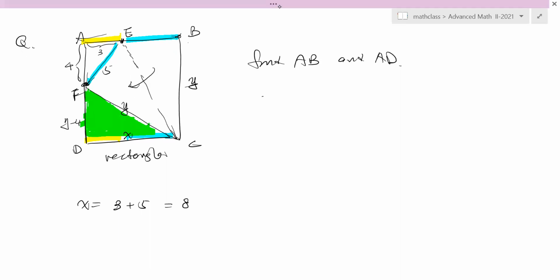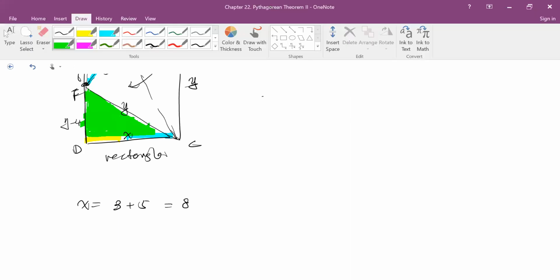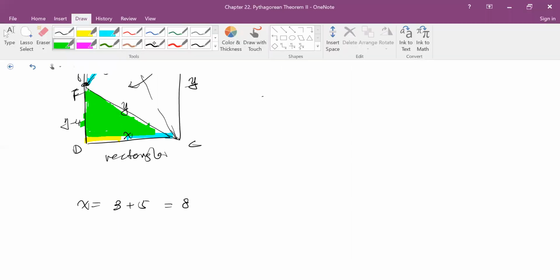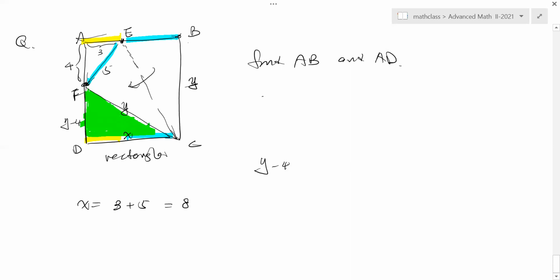Okay, to this triangle, because each side is already expressed in terms of y. So it is going to be (y minus 4) squared plus x squared, where x is 8, so 8 squared, equals y squared.